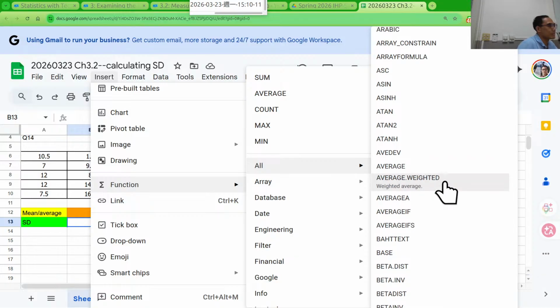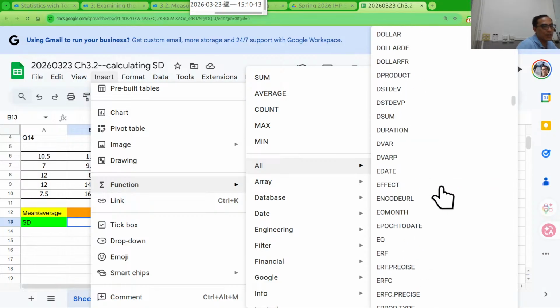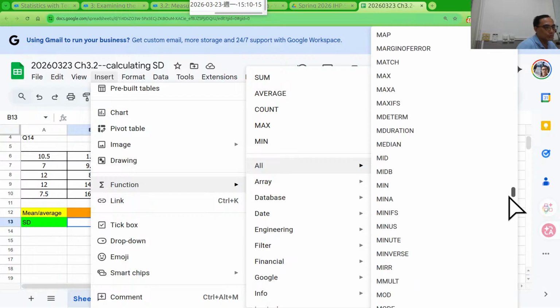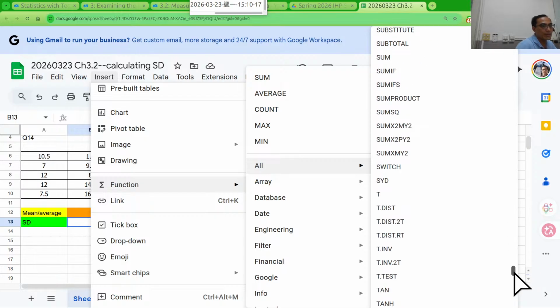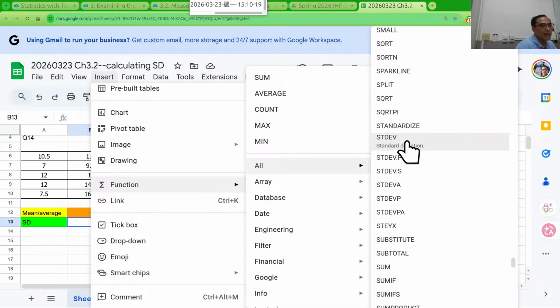Now it's a key concept here. STDEV, standard deviation. Scroll down to STDEV. And what's the next? STDEV.P, standard deviation of an entire population.